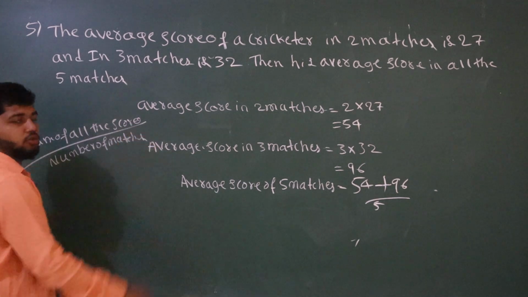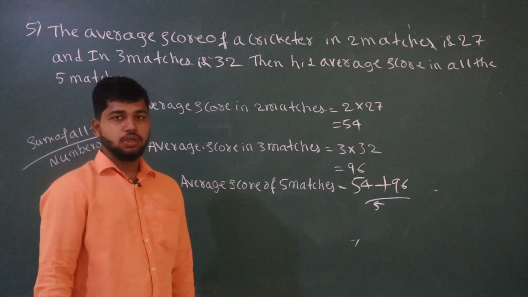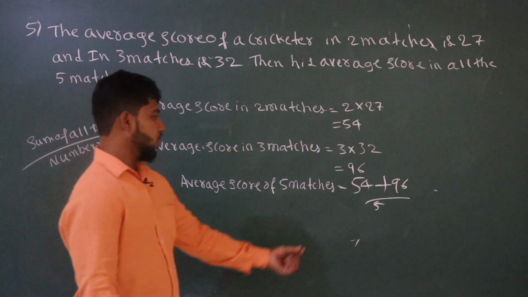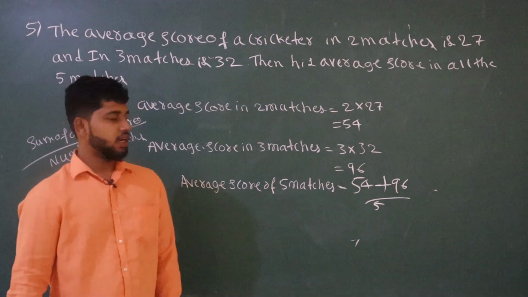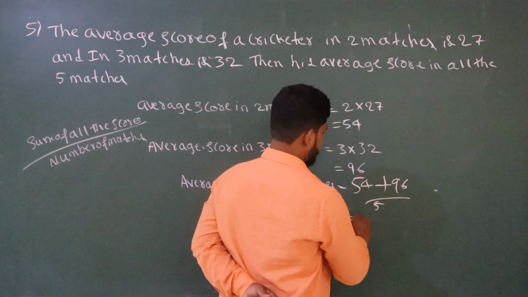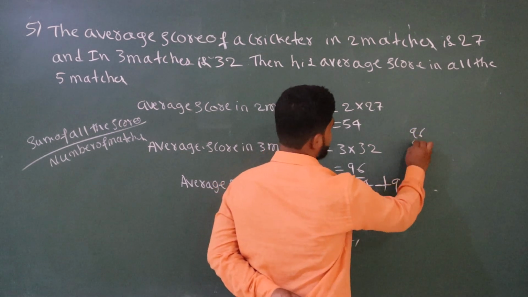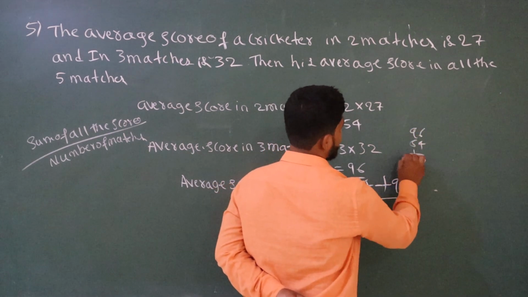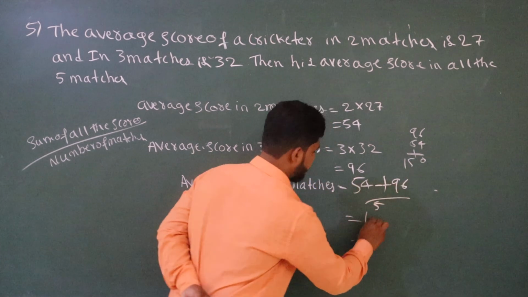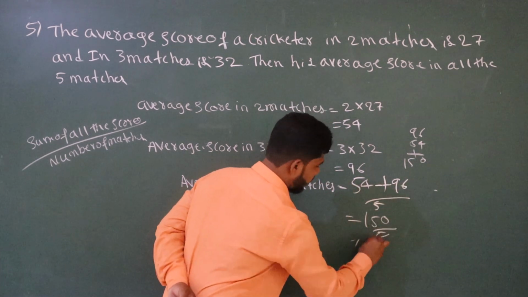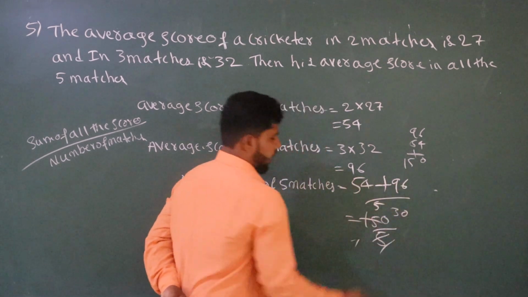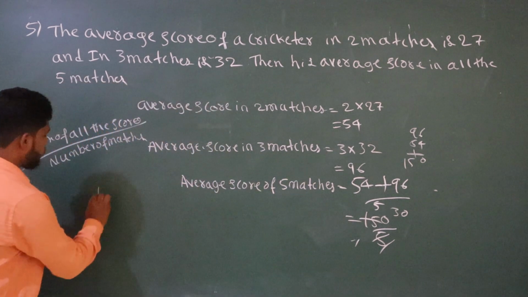This is the formula you are going to use when finding the average score of 5 matches. Now, 54 plus 96, you will get 150. 150 divided by 5, the average is equal to 30.